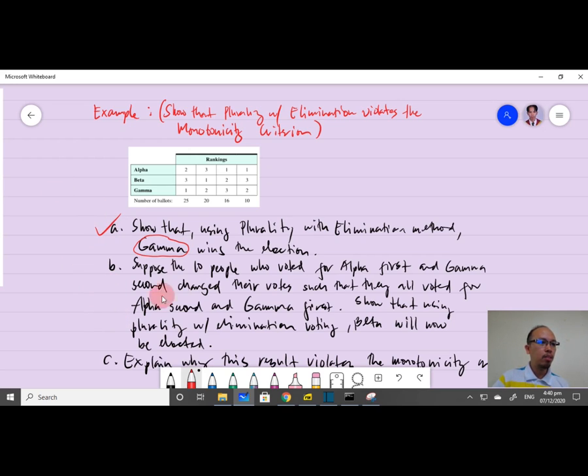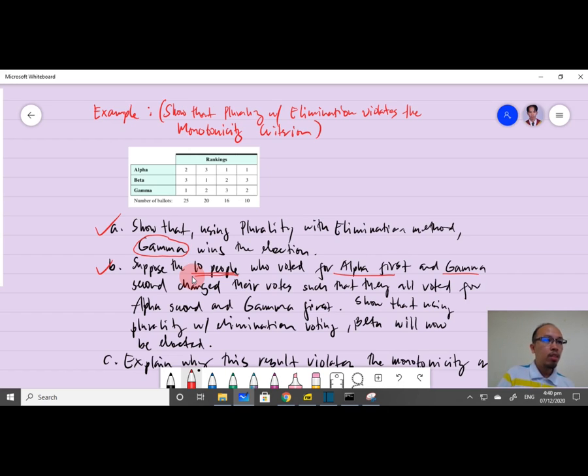So what does this mean? Suppose that 10 people who voted for alpha first and gamma second change their votes such that they all voted for alpha second and gamma first. So first, look at the example, take the question. It says here that in the preference table, locate those 10 people who voted for alpha first and gamma second. Okay, locate that one. If you cannot find it, then the question is wrong.